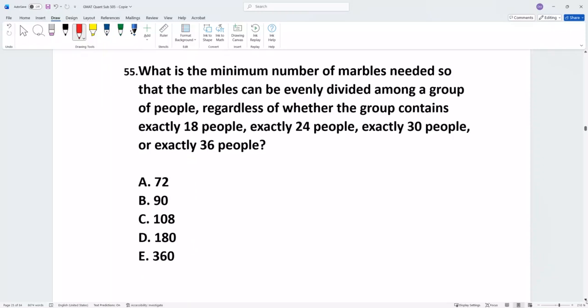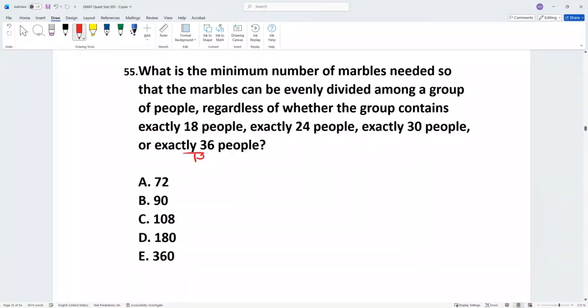Okay. Question number 55. What is the minimum number of marbles needed so that the marbles can be evenly divided among a group of people regardless of whether the group contains exactly 18 people, exactly 24 people, exactly 30 people, or exactly 36 people.